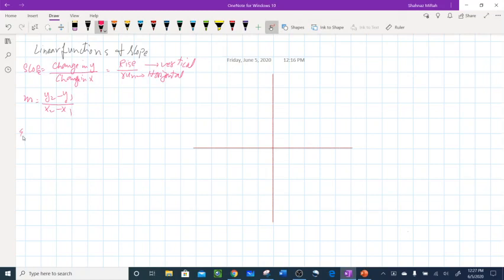So if I have an example: find the slope of the line passing through the points (4, -2) and (-1, 5).